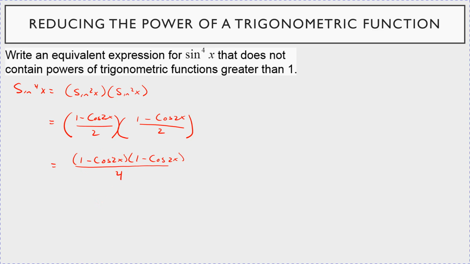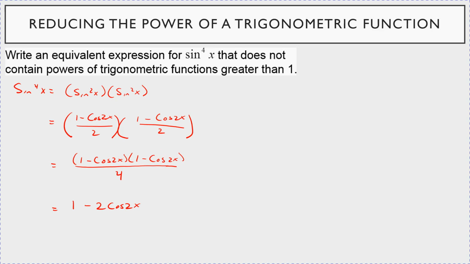But what you have to do here is FOIL this, because you're going to get another power here. So watch what happens when I FOIL this. You get 1 times 1 is 1. Minus cosine of 2x, and then minus another cosine of 2x gets me minus 2 cosine of 2x. And then look at this.